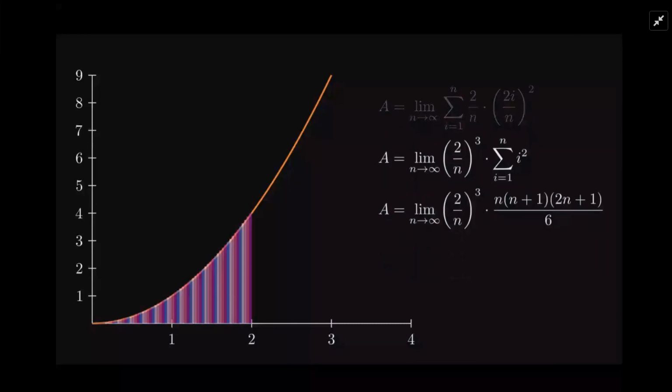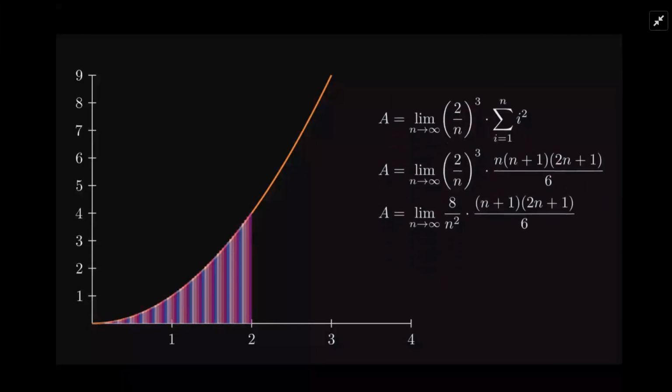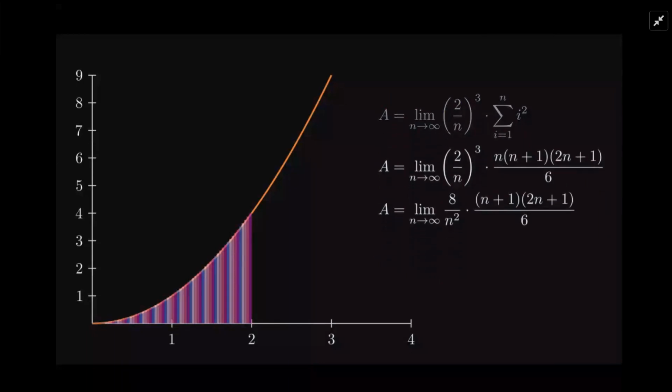Okay, some further simplifying. Excuse me. We can cancel an n. Then I'm going to multiply out the brackets in the numerator. You should do all this on paper, by the way, and just check your work with this.